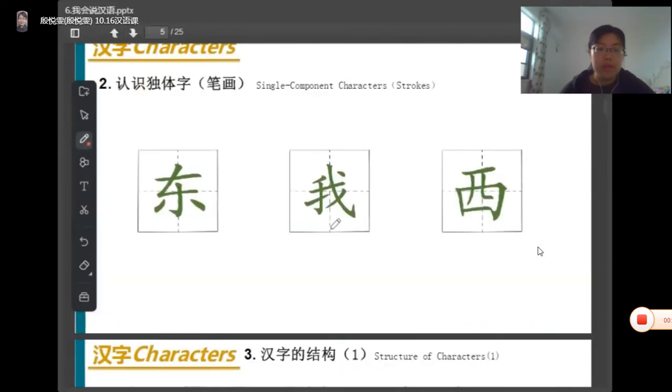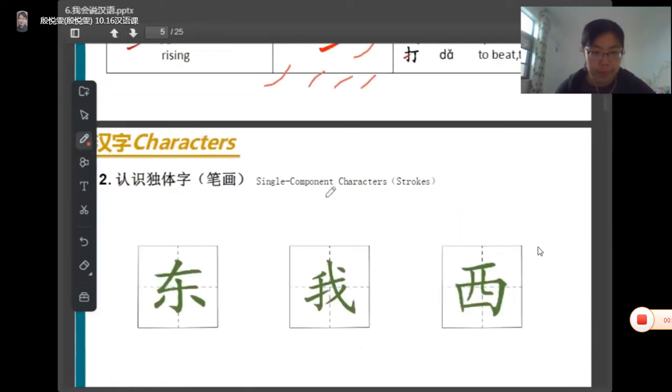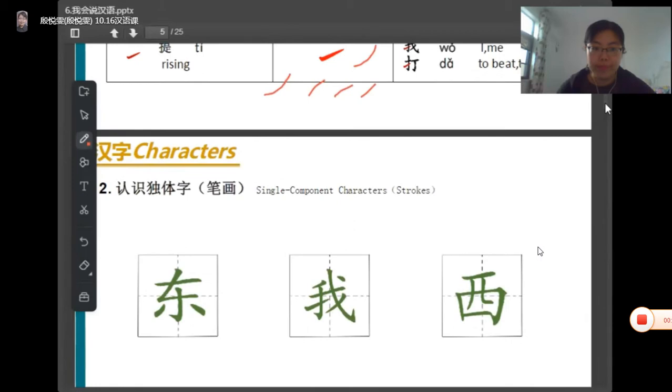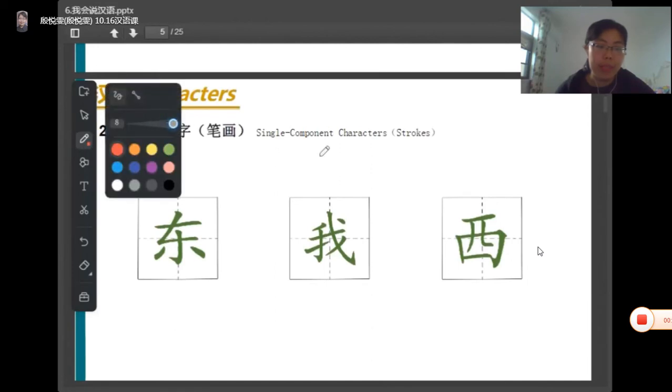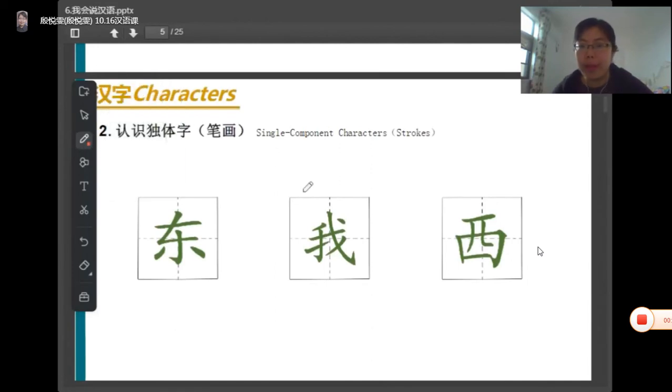Let's go on. Say today's Chinese characters. These three Chinese characters all belong to single component characters. Let's see how to write them. Please keep your pen and your paper.